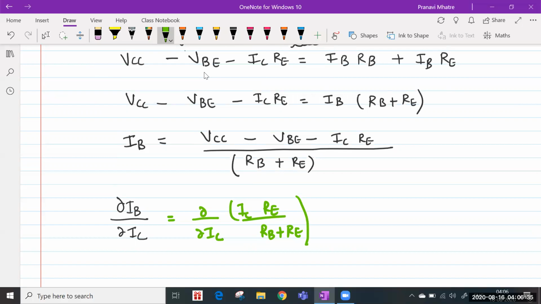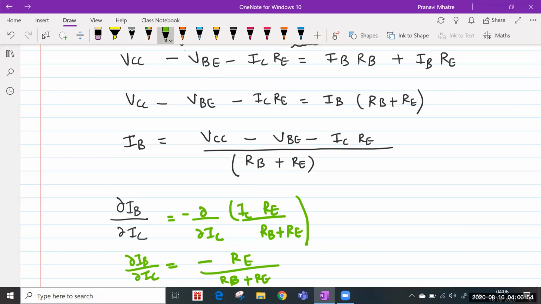But this is minus, so I'll put over here a minus sign. The answer comes out to be minus, derivative of IC with respect to IC will be 1, minus RE upon RB plus RE. That is my answer for dou IB by dou IC.